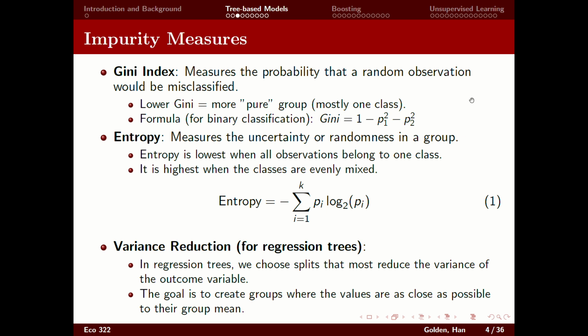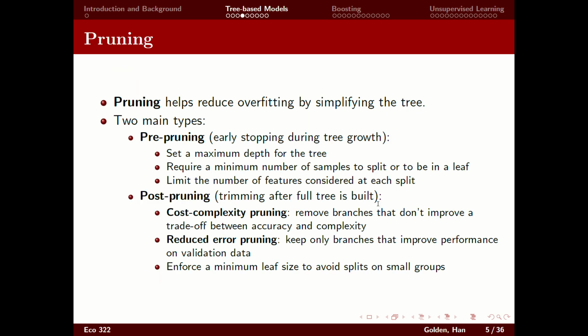Entropy is lowest when all observations belong to one class, and highest when the classes are evenly mixed. For regression trees, we choose splits that most reduce the variance of the outcome variable. The goal is to create groups where the values are as close as possible to their group mean.